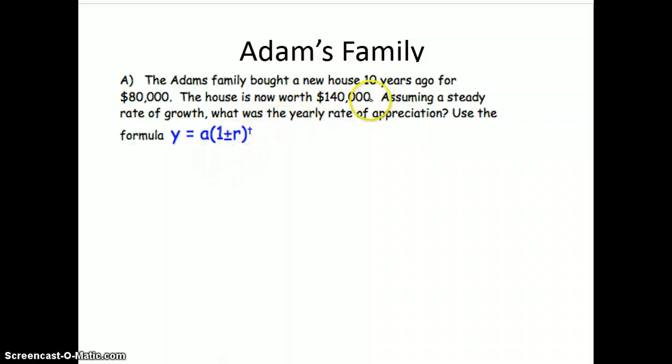The Addams family bought a new house 10 years ago for a certain amount. Okay, so they give us a formula. It's now worth this much. Steady rate of growth tells us that we're going to use a plus sign because it's growth.